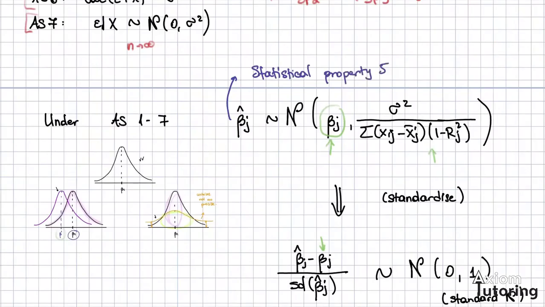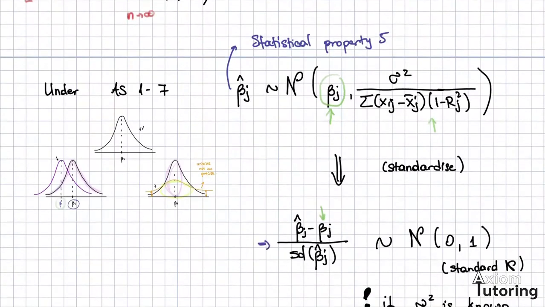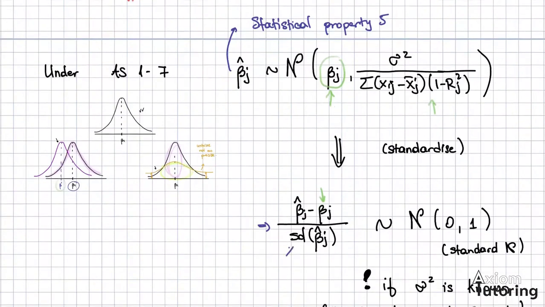The equivalent, the one where we had the standardized statistic, is also statistical property 5. And keep in mind, the standard deviation here comes from the square root of the variance of the beta hat j, which we had from statistical property 2.